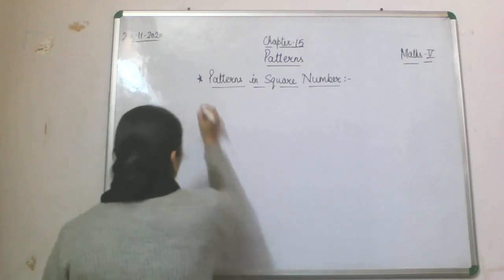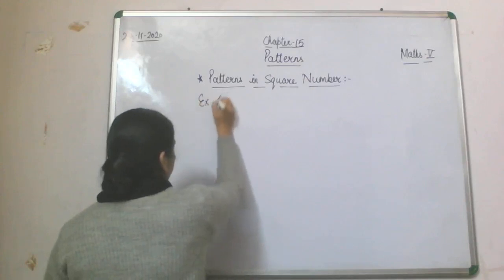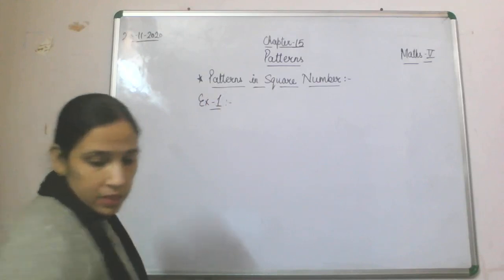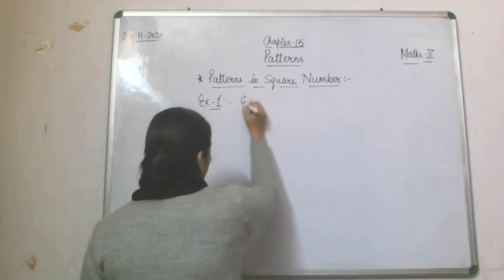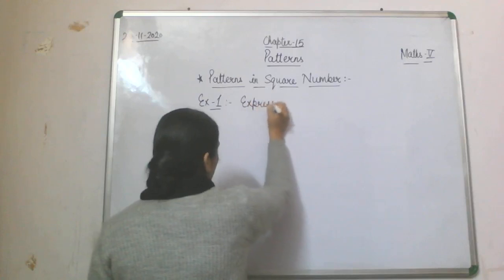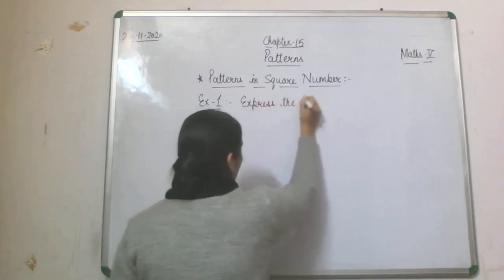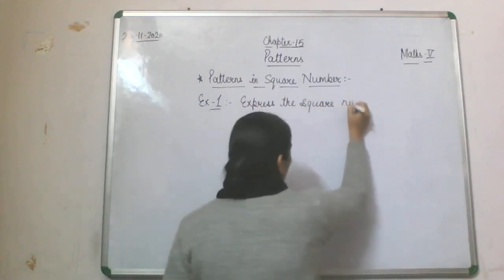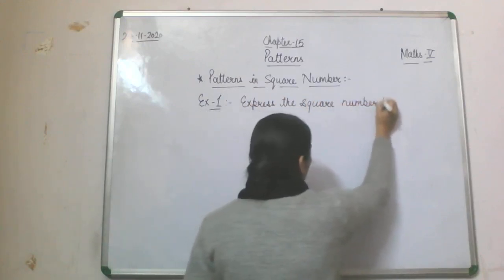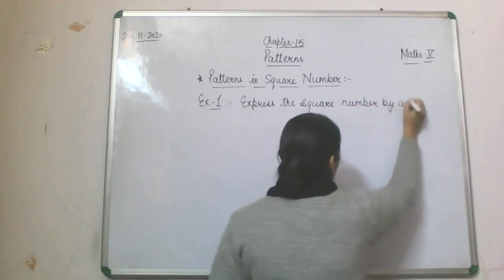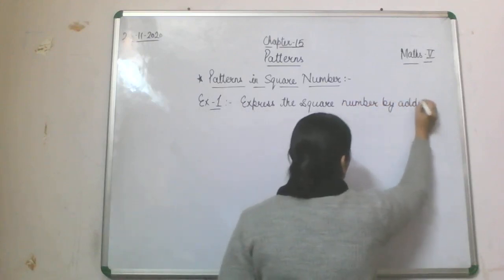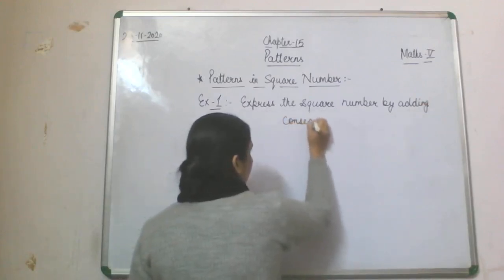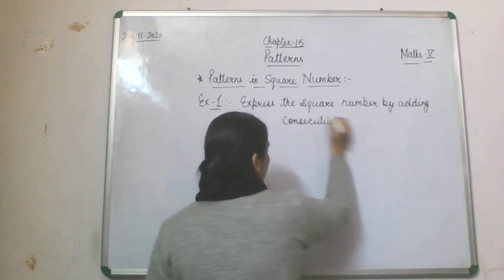So here in example 1, express the square number by adding consecutive odd numbers.